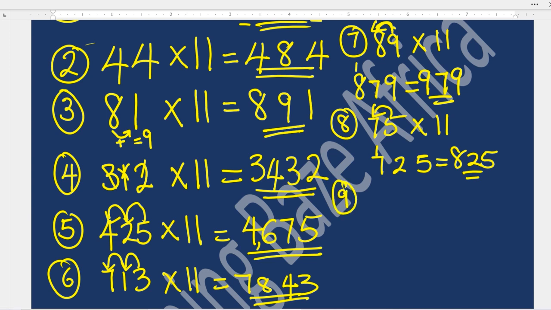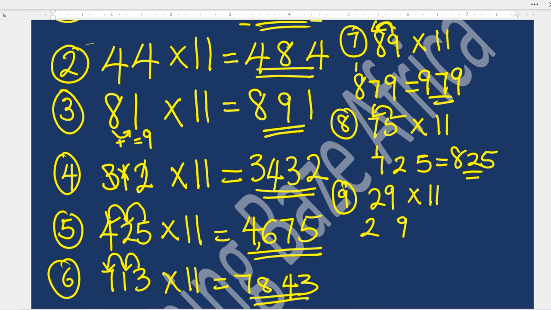Now, the next one, let's say we have 29 times 11. Write down the first digit, which is 2. Write down the last digit, which is 9.